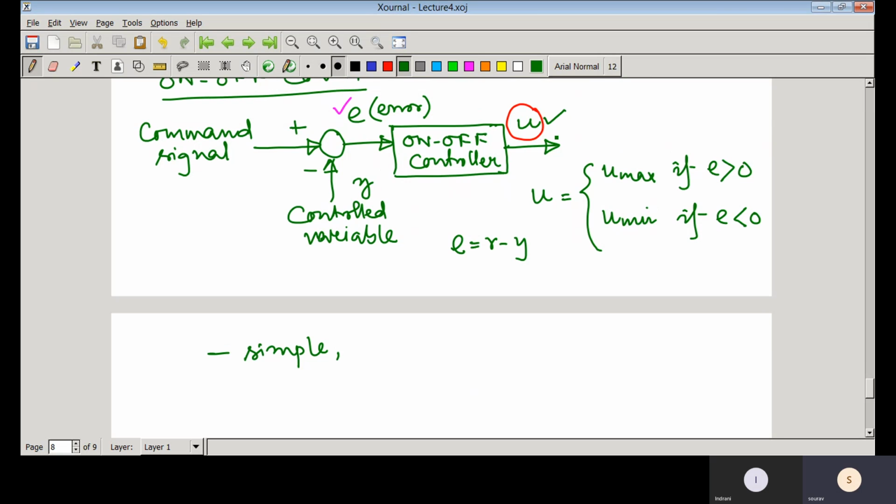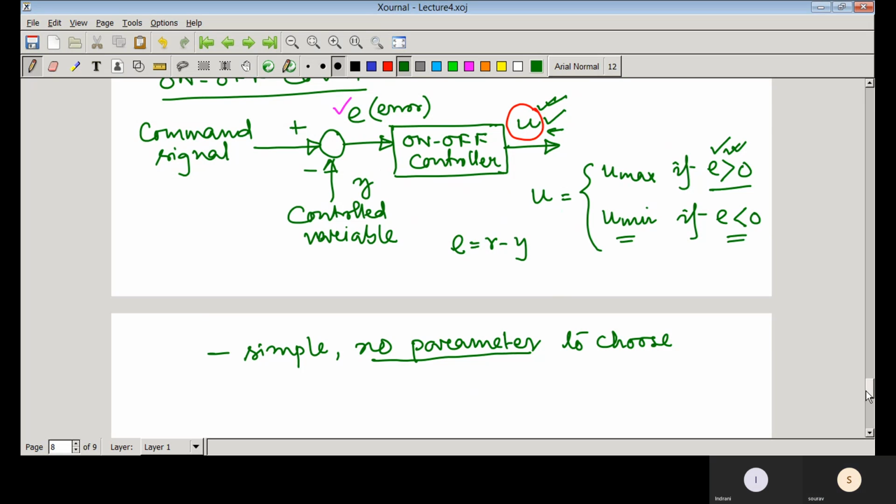The control output U depends only on the error signal E, so there is no parameter to choose. When the error is positive, U equals U max, and when the error is negative, U equals U min.